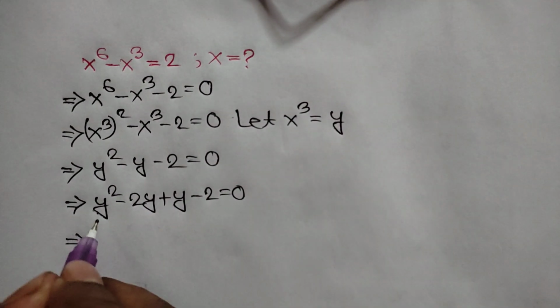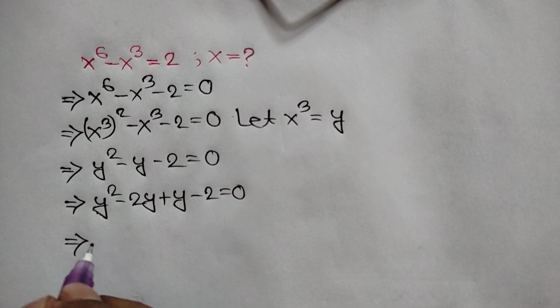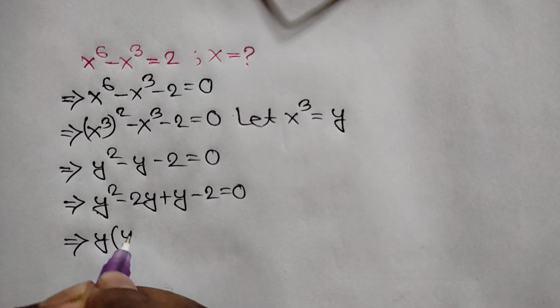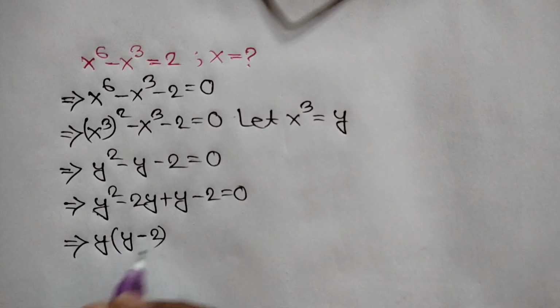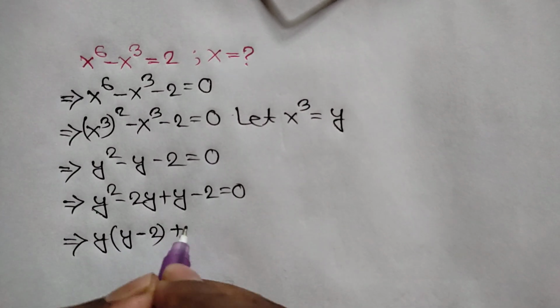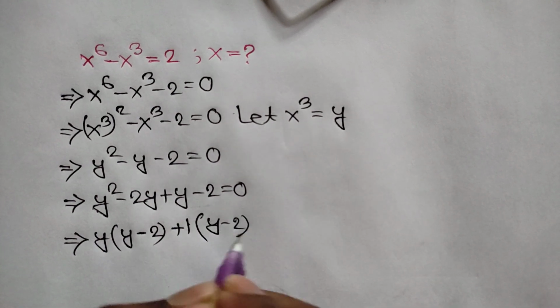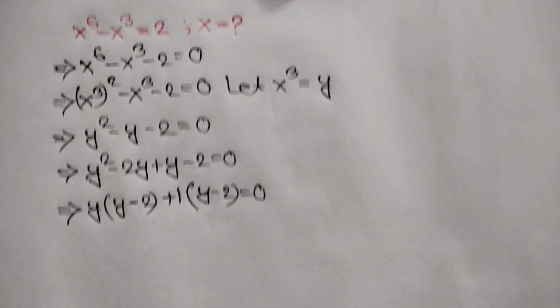Taking y common from the first two terms we get y times (y minus 2), and taking plus 1 common from the last two terms we get (y minus 2), is equal to 0.